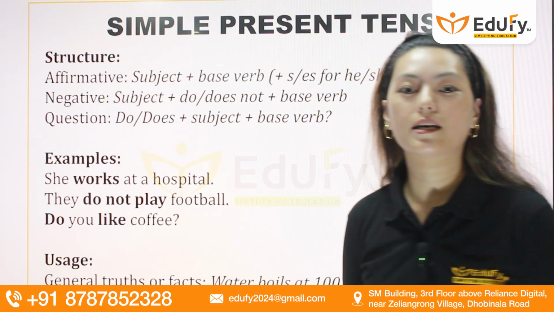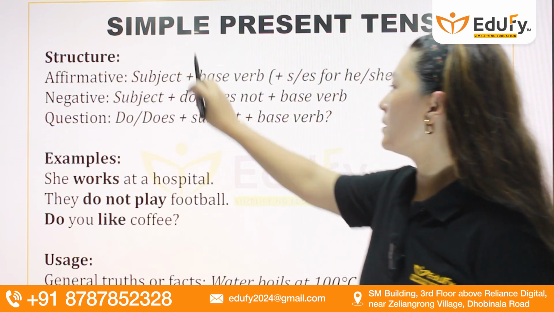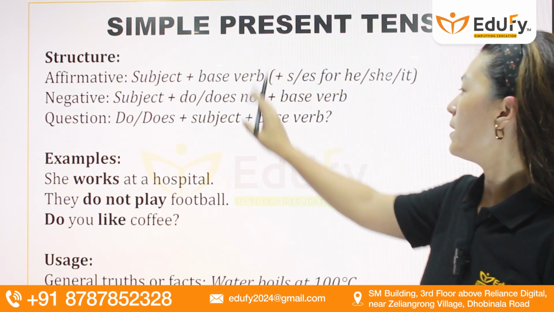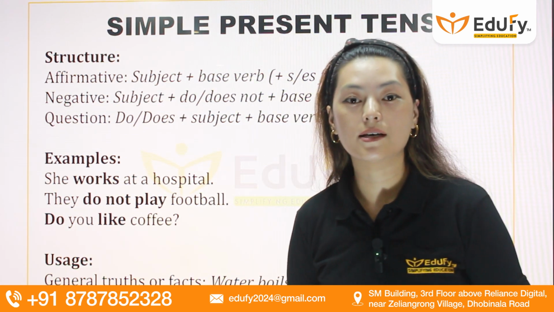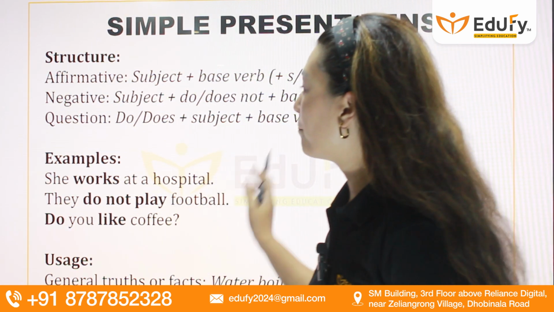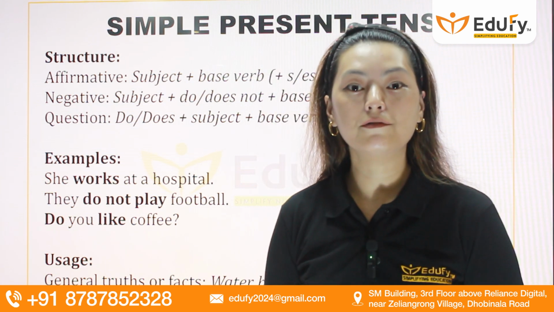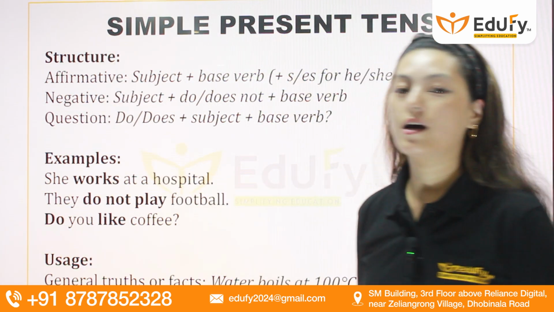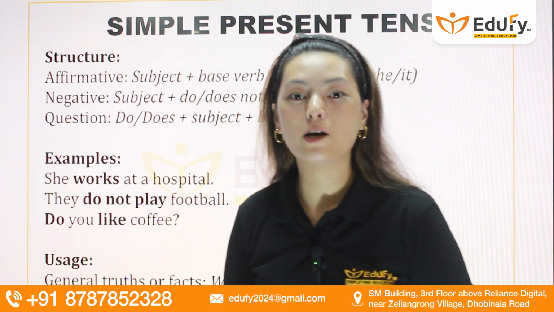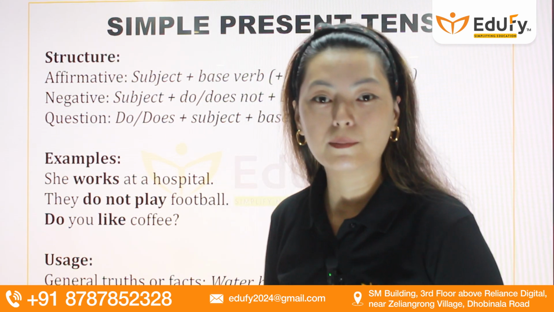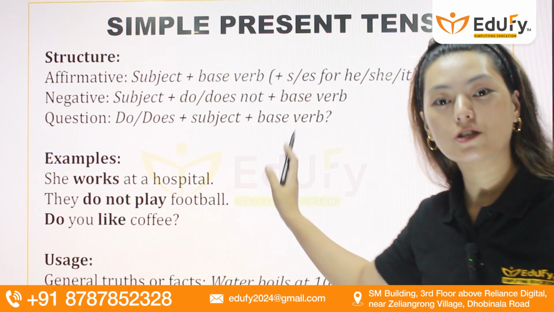If we look at the second structure, subject plus do or does plus the word not along with the base verb will be understood as a simple present tense, but in the negative connotation. Next, if we have a statement that is a question, how do we identify if it is a simple present tense? By looking at the structure again.